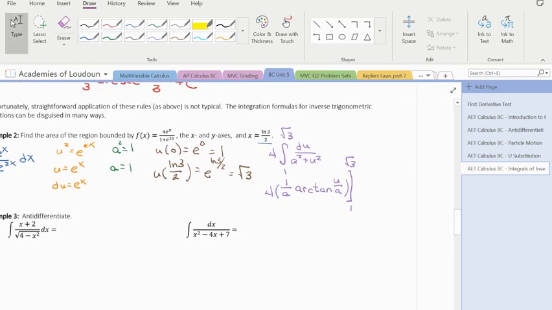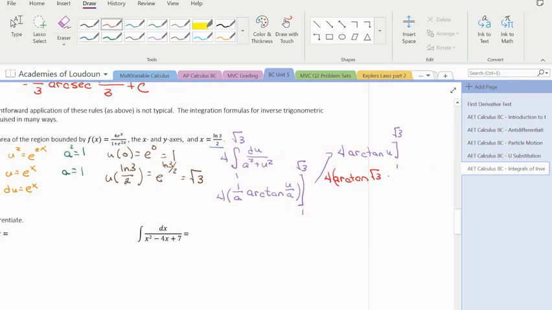Now we need to go ahead and put in our a, which we recognize as 1, so this is very simple. So this then becomes 4 times the arctangent of u evaluated from 1 to the square root of 3. So we now have 4 times the arctangent of the square root of 3 minus the arctangent of 1.